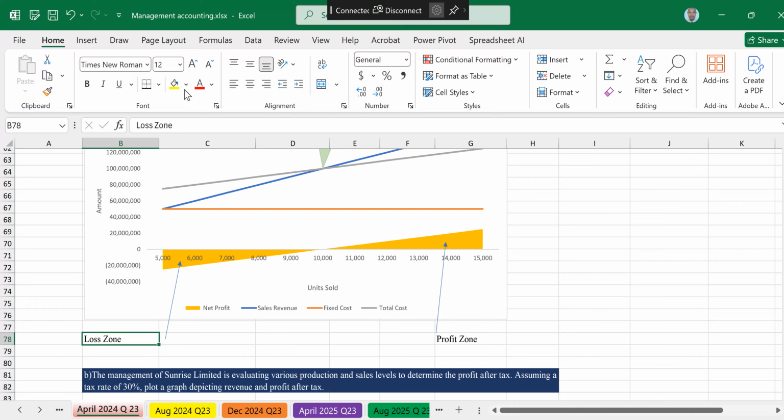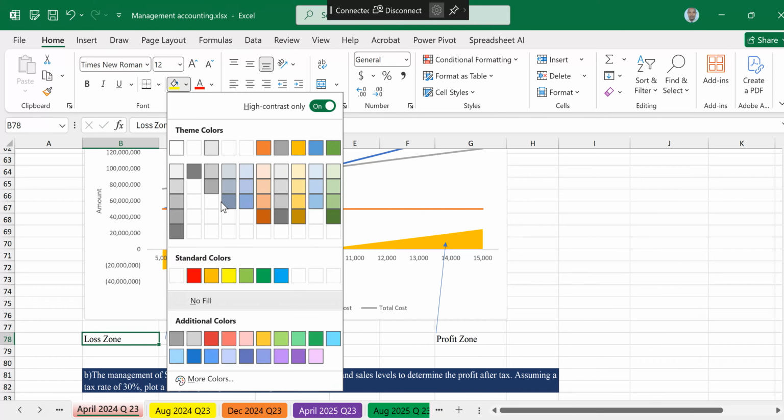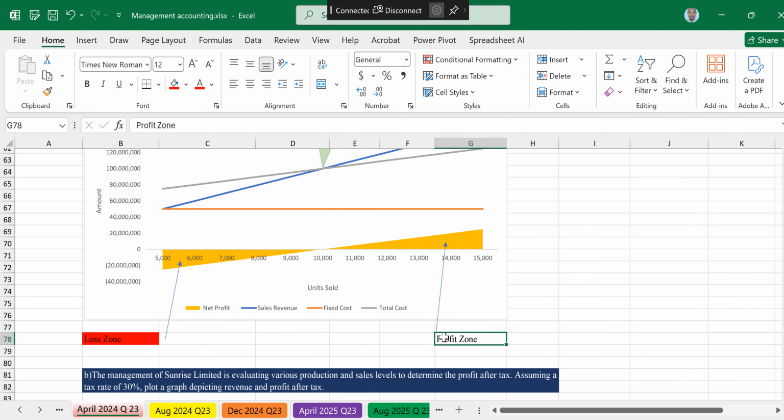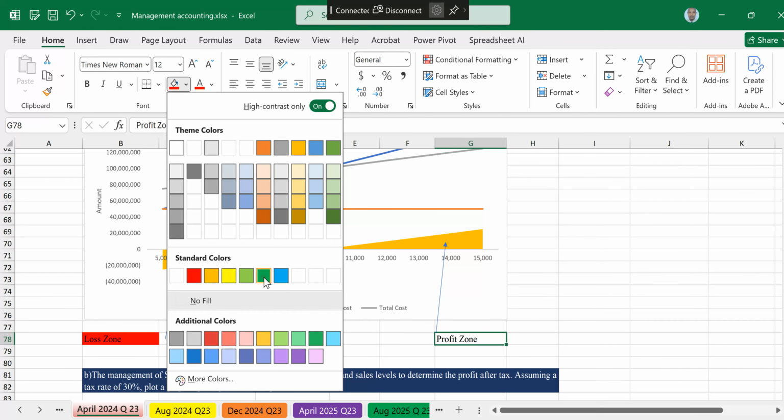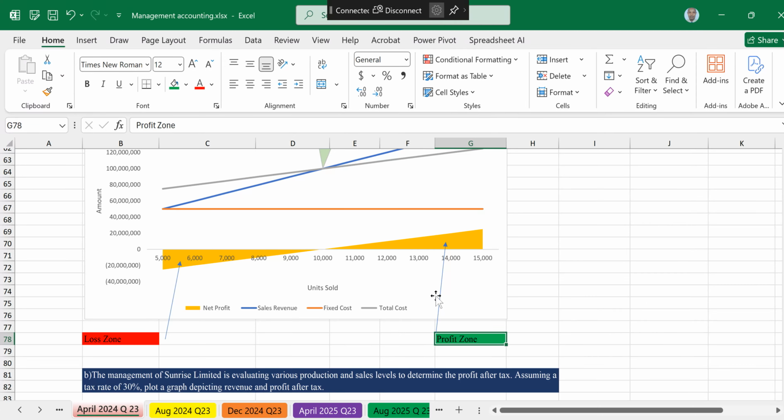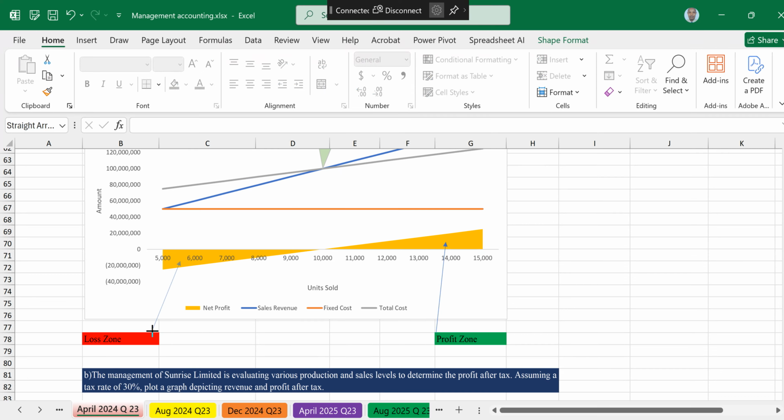The loss zone can be given red, and the profit zone can be given green because that is the profit zone. That completes part A of our question.